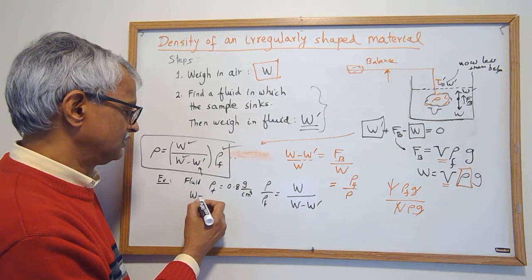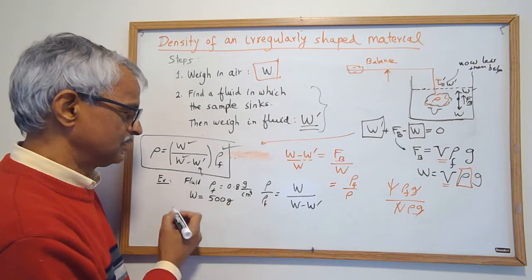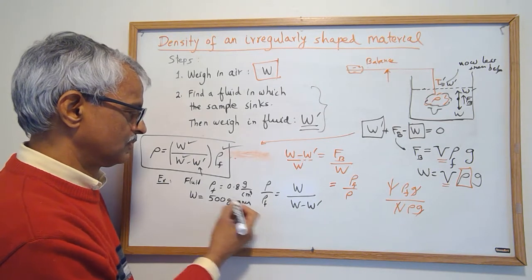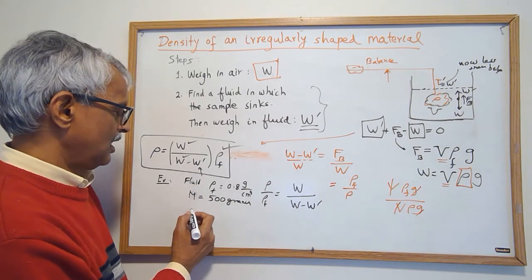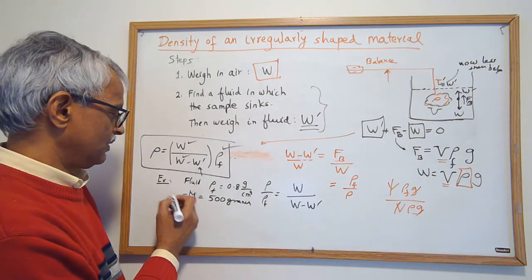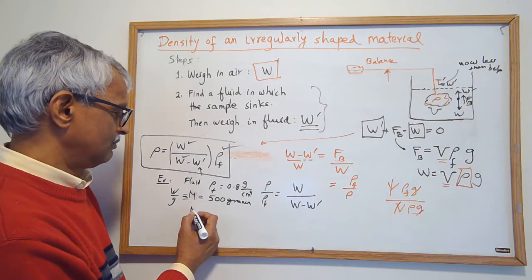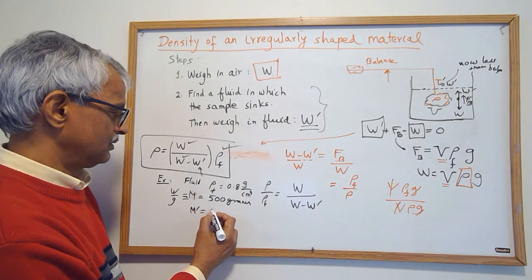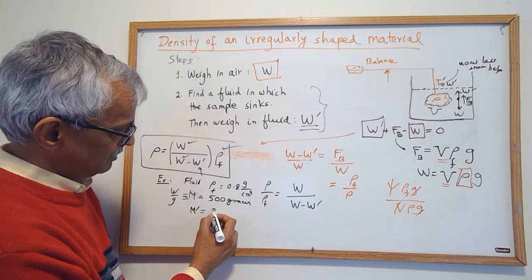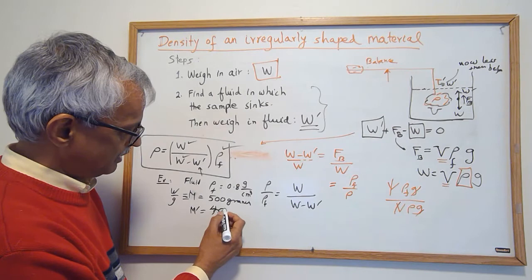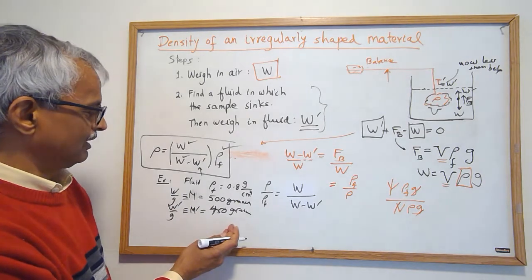And the weight in air was, say, mass in air was 500 grams, which is weight over g written in these units. And mass prime was, say, 450 grams, which is W prime over g. So I wrote them down consistently.